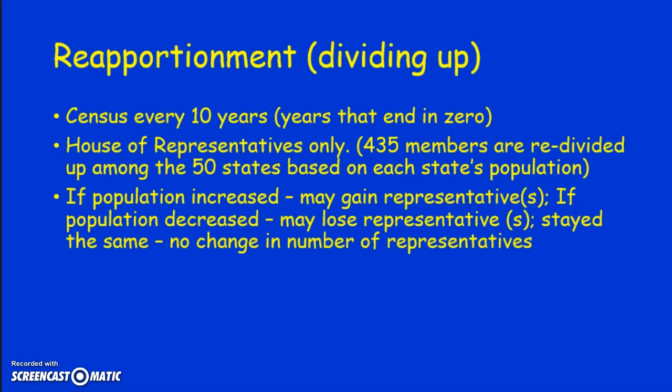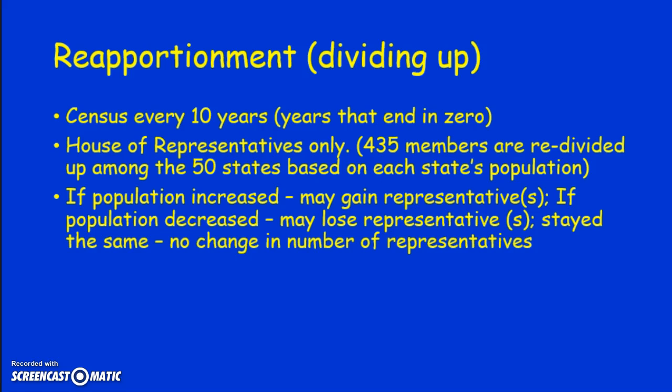All right, reapportionment means dividing up, redividing up. I always think of a portion of a pie. So every 10 years we have a census, and that counts how many people are living in each state.